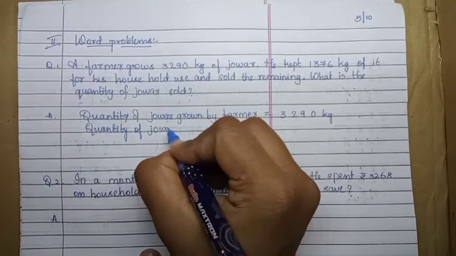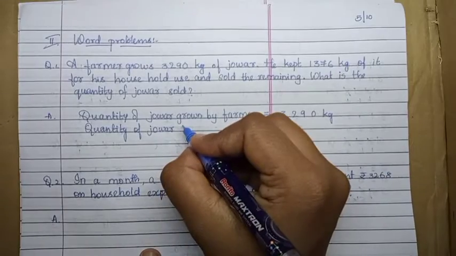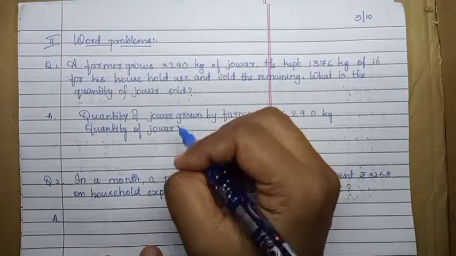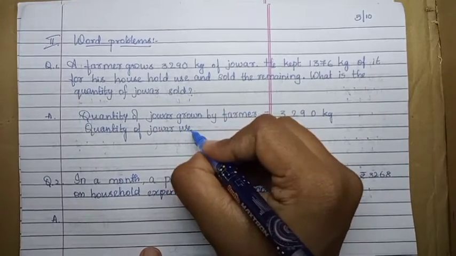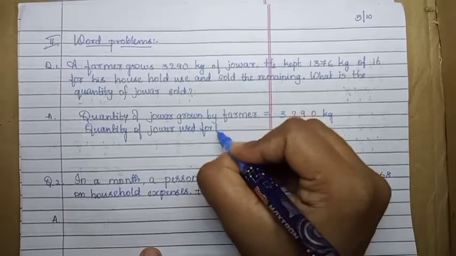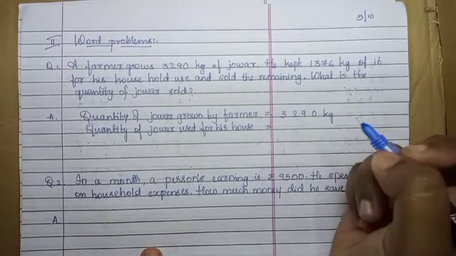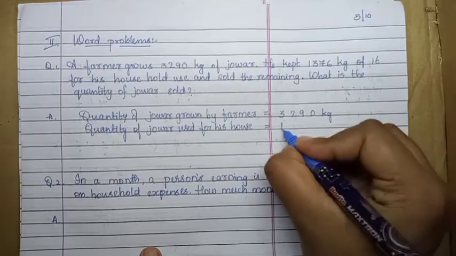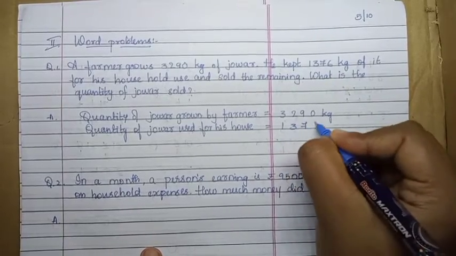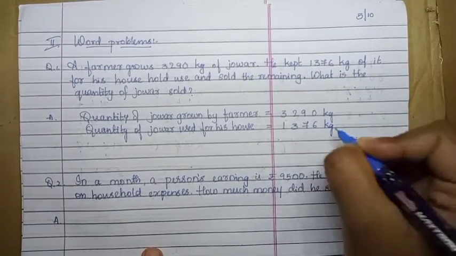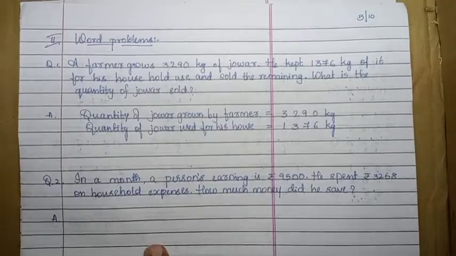Jowar kept for household use or used for his house. You can just write anything. How much he has kept for himself? 1376 kg. So much he has kept for himself.